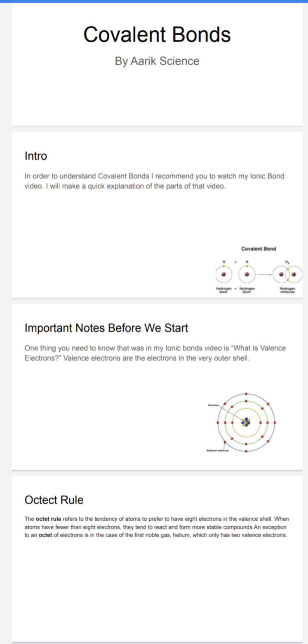Usually the first shell holds 2, then the rest hold 8. But it only depends on the element's atomic number. And all elements want a full outer shell. They don't want extra electrons in their outer shell. So those are what valence electrons are called, as you can read in my slideshow that I made here.